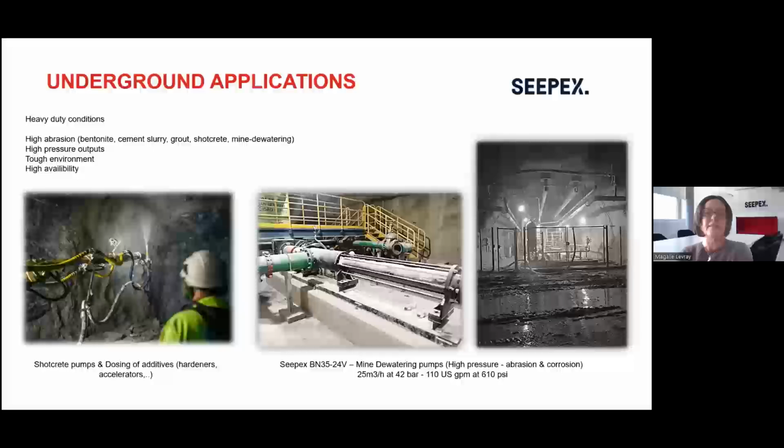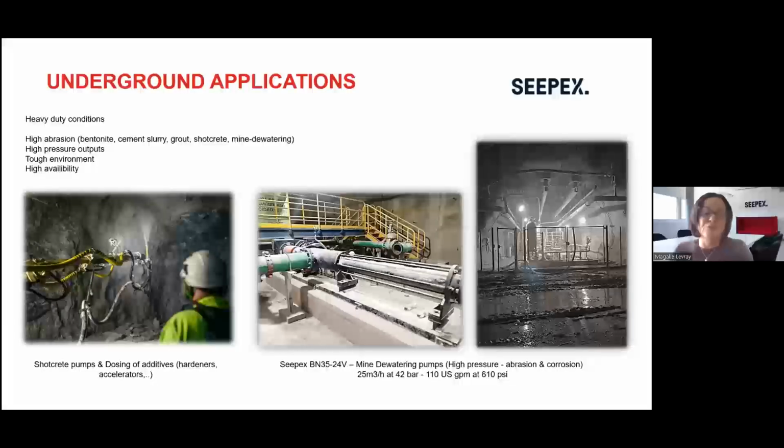When we look at underground applications, we know we have heavy duty conditions. The applications that are most famous with progressive cavity pumps in underground applications involve abrasion and high pressure, and corrosion in the case of mine dewatering.